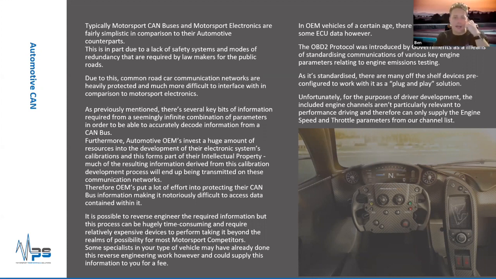So the CAN buses in road cars are hugely safety critical in many applications. So they are protected very, very well. There's lots of safety systems in there. You imagine you don't want to accidentally send a 100 when you're meant to be requesting a 10, for example, if you're going from the driver's throttle pedal. I mean, that's an extreme case, but that's as serious as it could get.